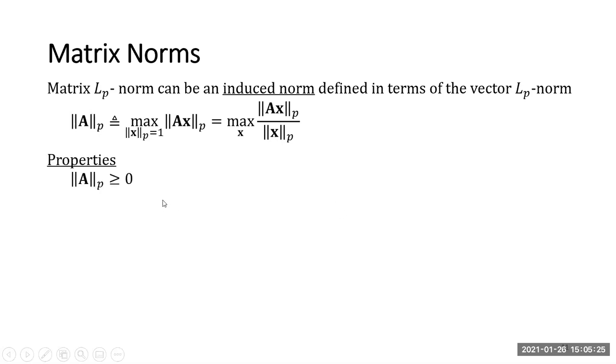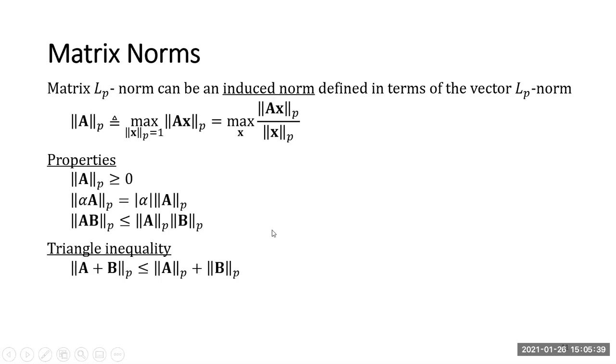Properties of matrix norms: they're always greater than or equal to 0, and scalar multiplication. These are all things we saw for vectors. They hold for matrices too. Triangle inequality also holds for matrix norms.